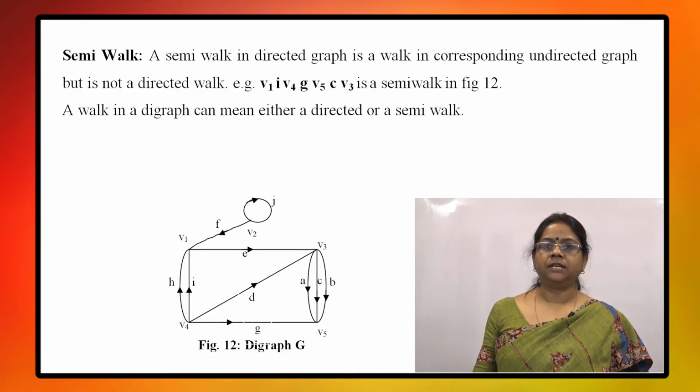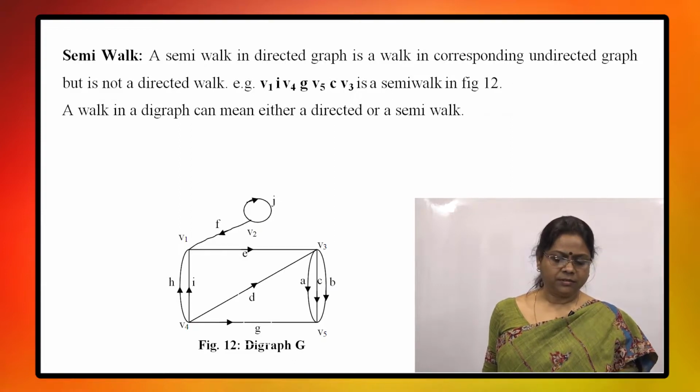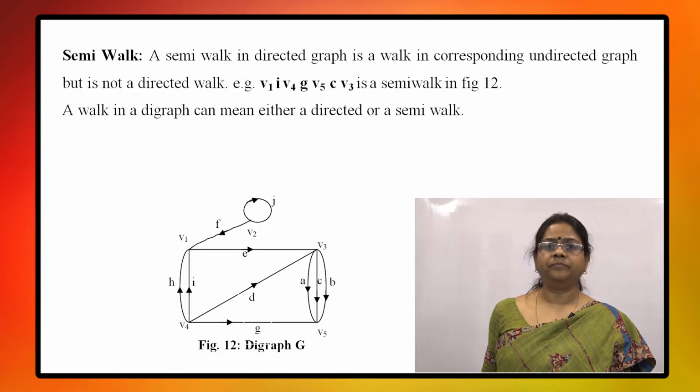For example, in figure 12, if we consider V1, I, V4, G, V5, C, V3, this is a semi-walk, because we consider here three edges I, G and C, and we can see that they are not all properly oriented.